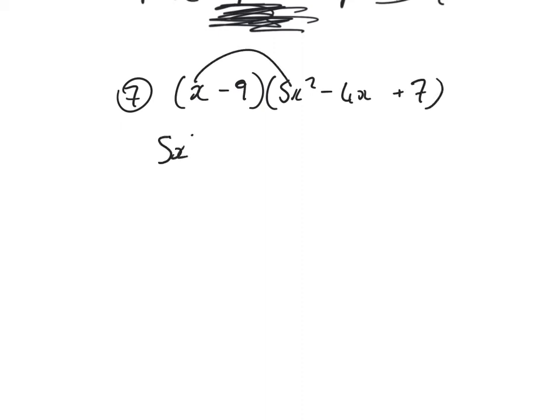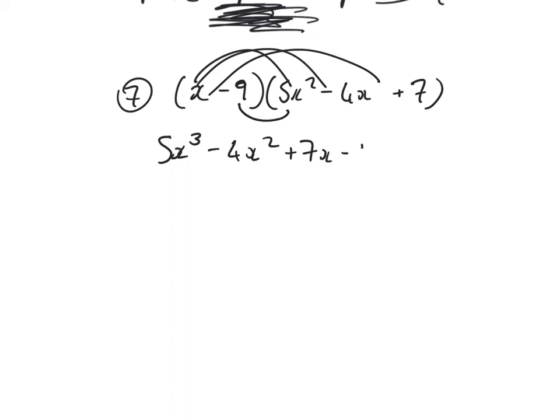Okay, example 7. X minus 9 bracket 5x squared minus 4x plus 7. x times 5x squared, 5x cubed. x times minus 4x, minus 4x squared. x times 7, 7x. Minus 9 times 5x squared, minus 45x squared.